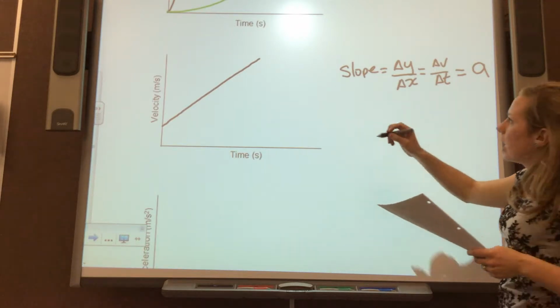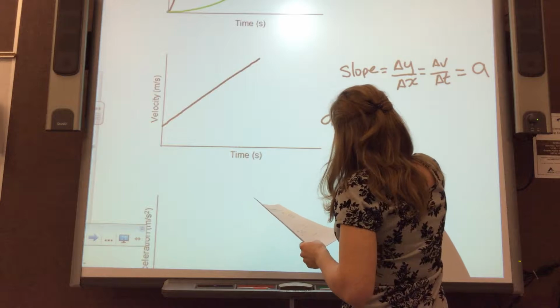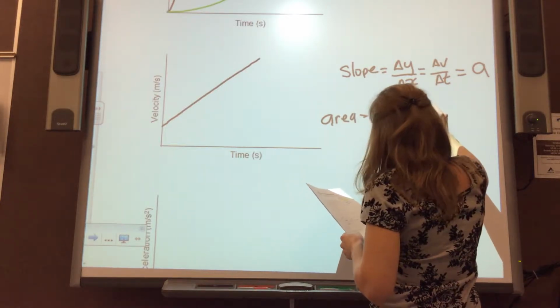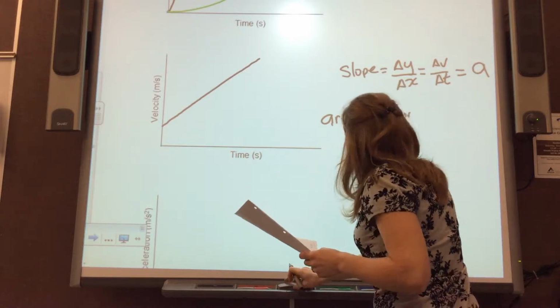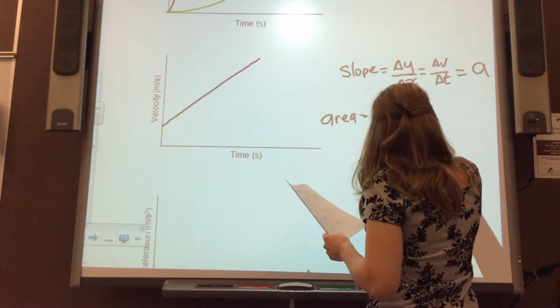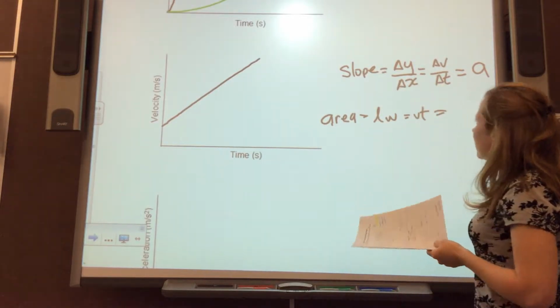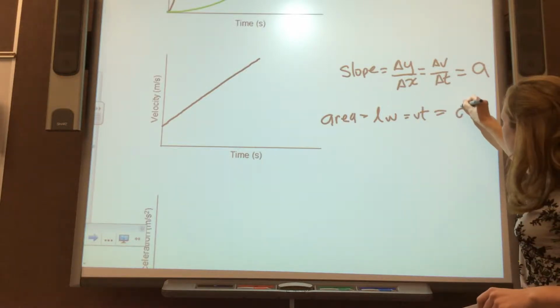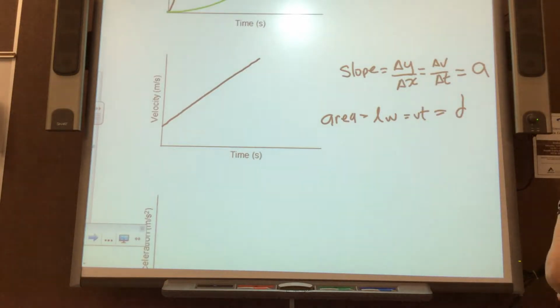If I find the area of a velocity time graph, that's length times width, that's equal to v times t. So the area of your velocity time graph is your distance or displacement.